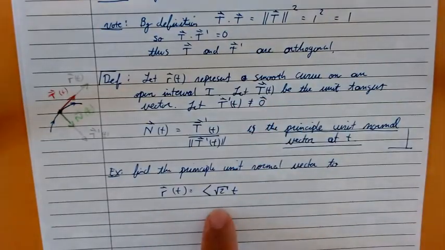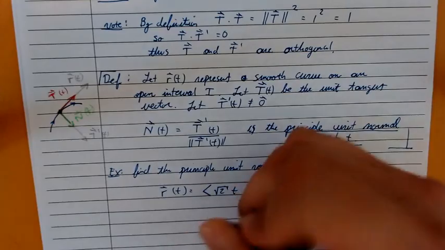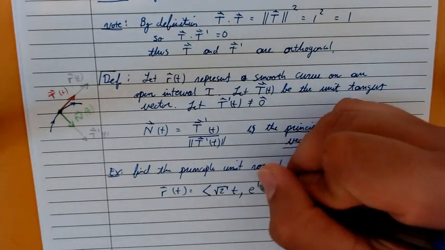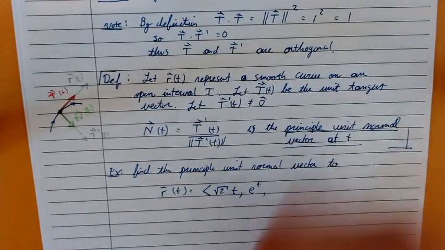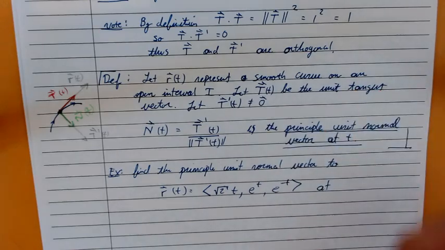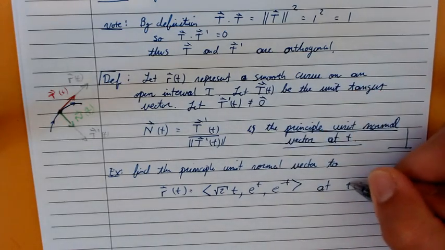The t is on the outside of the square root. That's just a coefficient. Square root of 2, t, comma, e to the t, comma, e to the minus t, at time index 0.